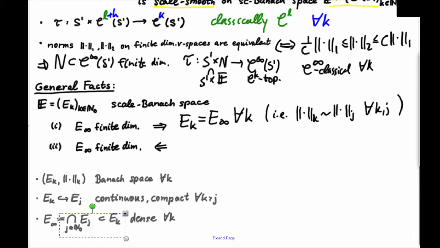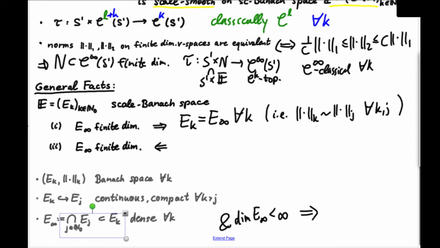And that has something to do with this density requirement here. Right? So E infinity needs to be dense in some EK. But if you have a finite dimensional subspace, its closure under a norm is itself, because the restricted norm on this is complete.